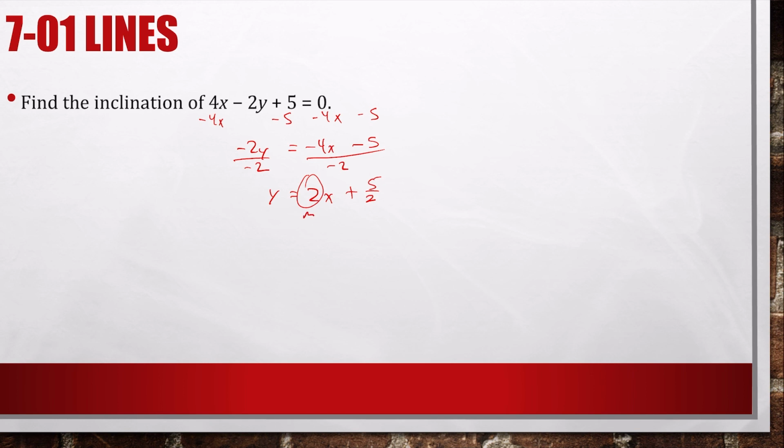All I care about is the slope. So tangent of the angle equals the slope, and so I'll do inverse tangent and get about 63.4 degrees. So the inclination is about 63.4 degrees.